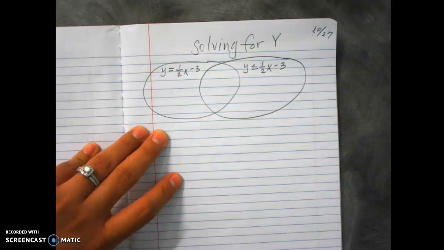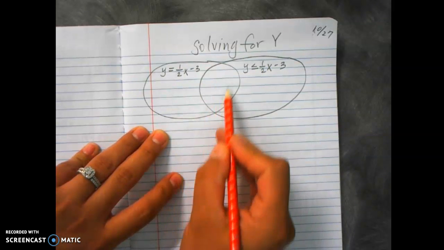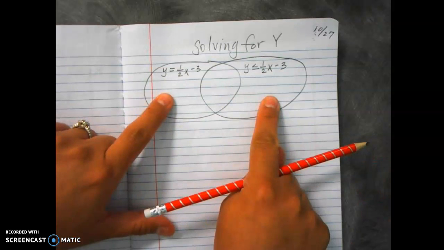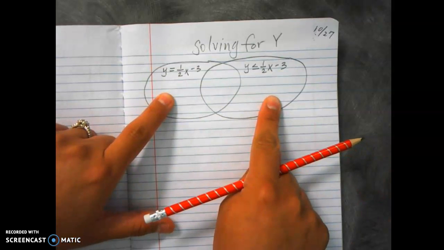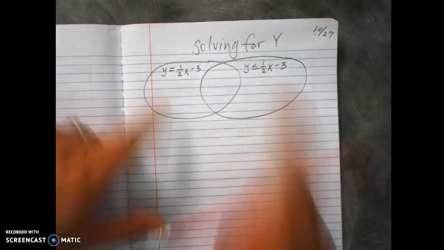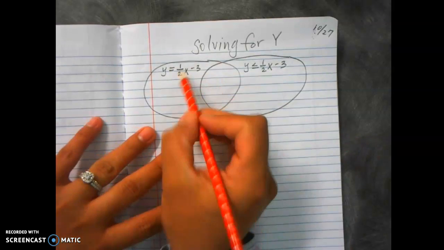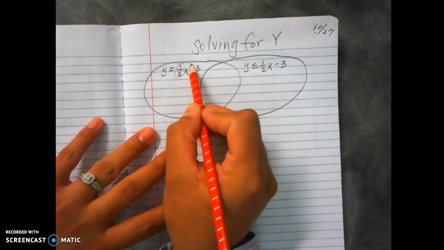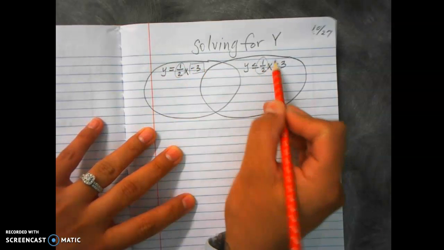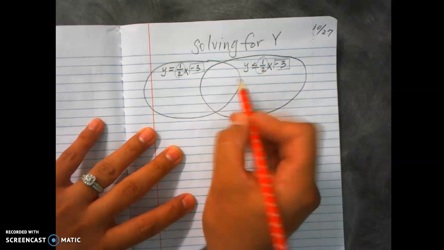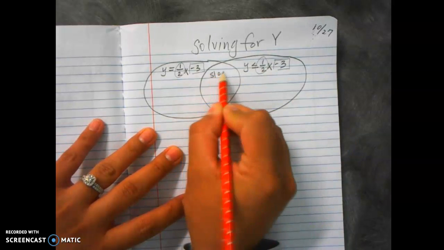Okay, and the first thing we did was put the similarities, the things that they had in common. Then we identified the two things that were different. And then there was one major difference between the two. If we notice on both of them, my slope and my intercept are identical. So that was one of the things we noticed.